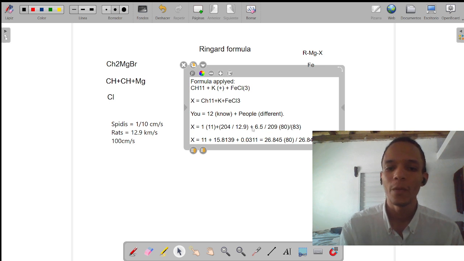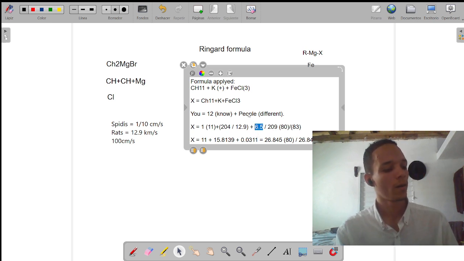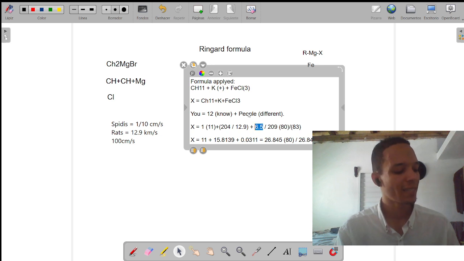You may be wondering where all these things are coming from. Well, actually, if I am not wrong, this is the representation of the iron, and this is the velocity of the rat. And here we have the representation of the space or magnetism.